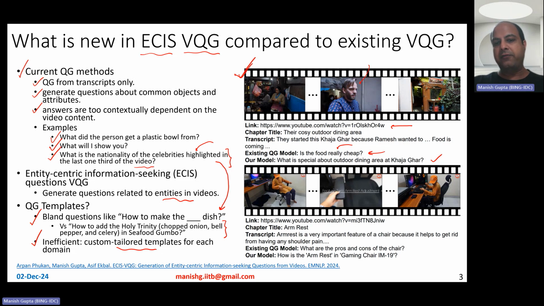Similarly, this video is about some chair and armrest and some review about this chair. Now, the question is, what are the pros and cons of the chair? Which chair? By itself, this question is not standalone. It doesn't stand by itself. It's contextually sensitive to the video, but it's not a self-complete question. But this question is self-complete: how is the armrest in gaming chair IM19? And then, yes, you can say that this video helps you answer that.